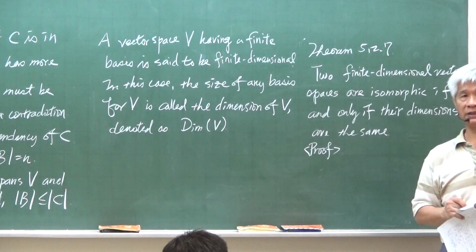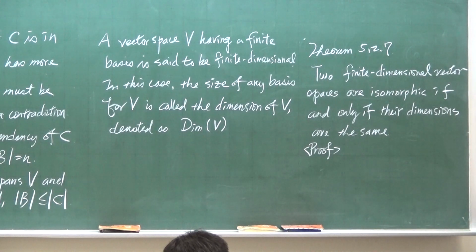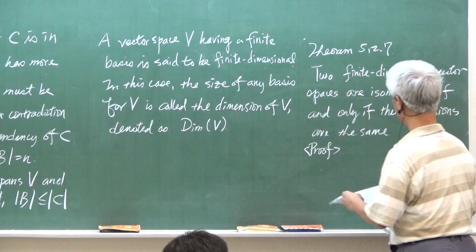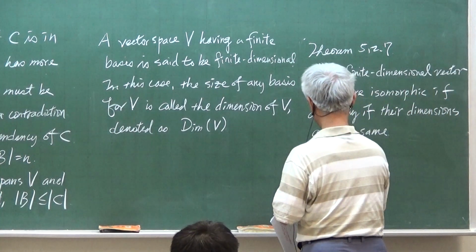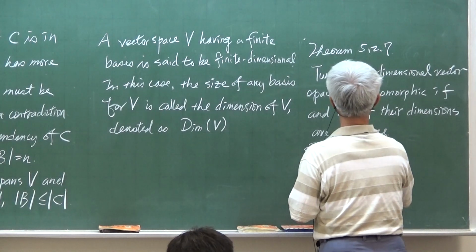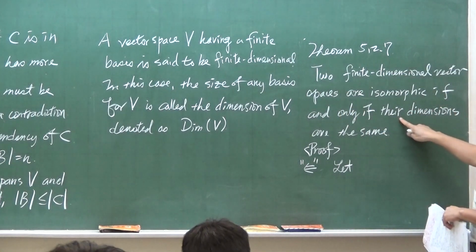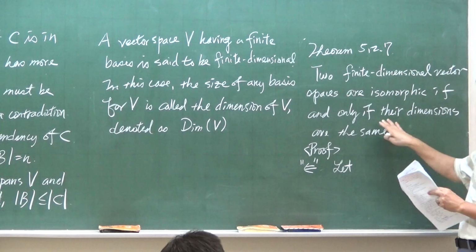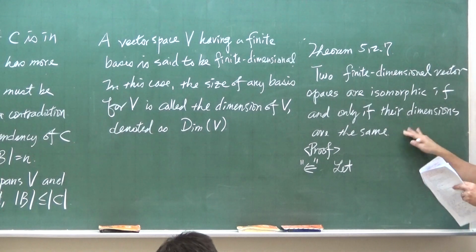An isomorphism means a bijective linear transformation. Okay. Alright, so we go this direction: their dimensions are the same. Right? So suppose they have the same dimension.